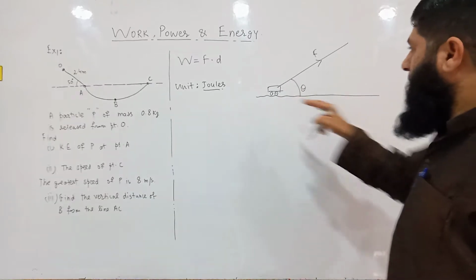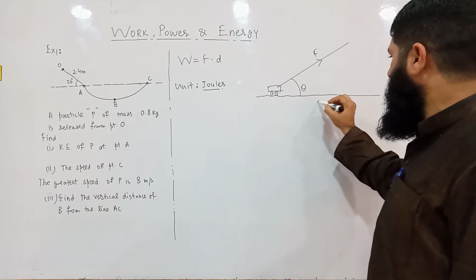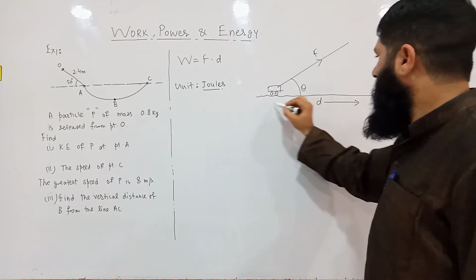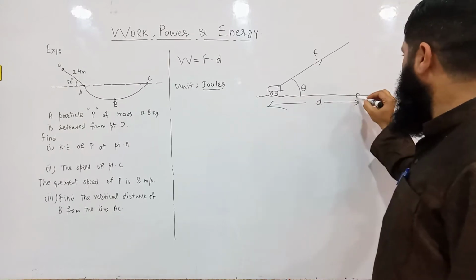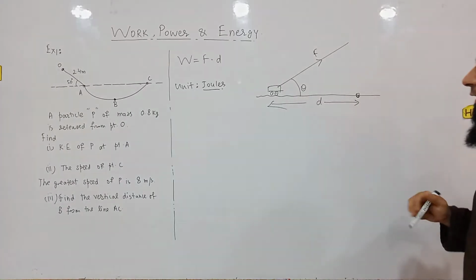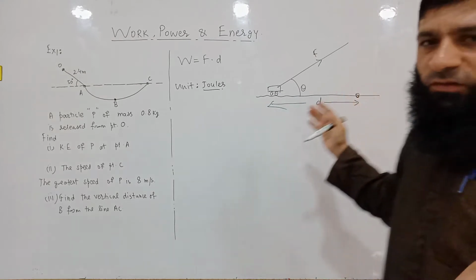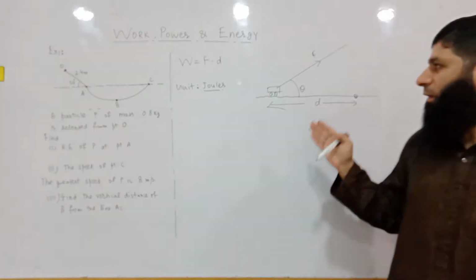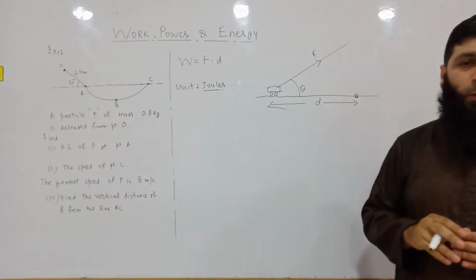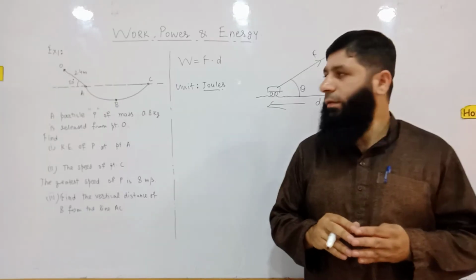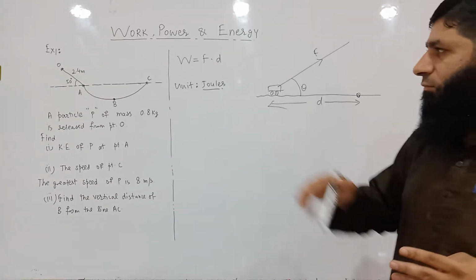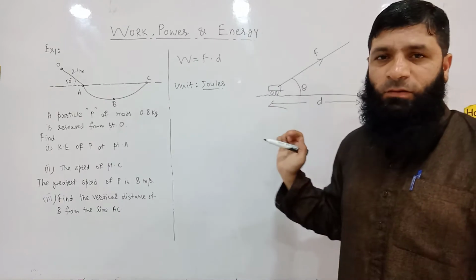And let's suppose this body covers this distance d till this point. Now in this diagram you can see that there is an angle between force and displacement. So what will be the expression for work done in this case?